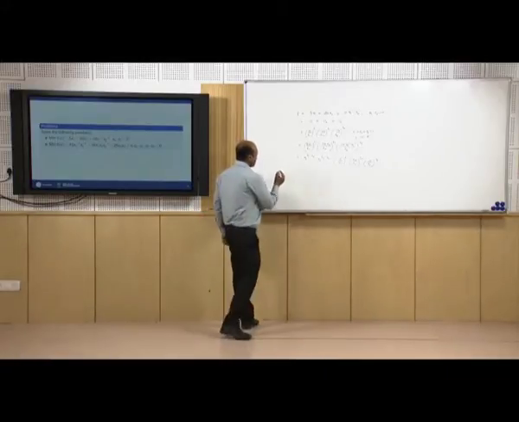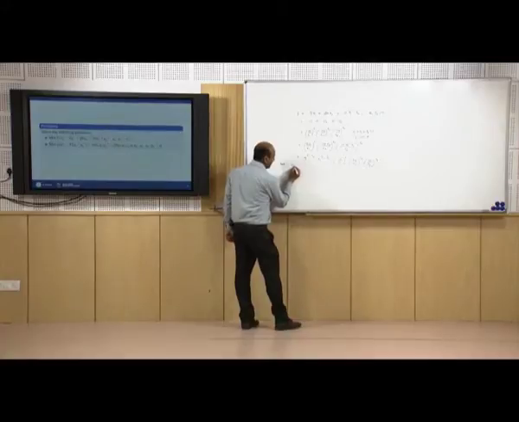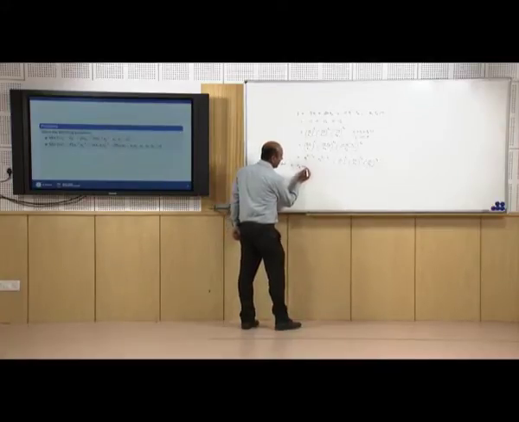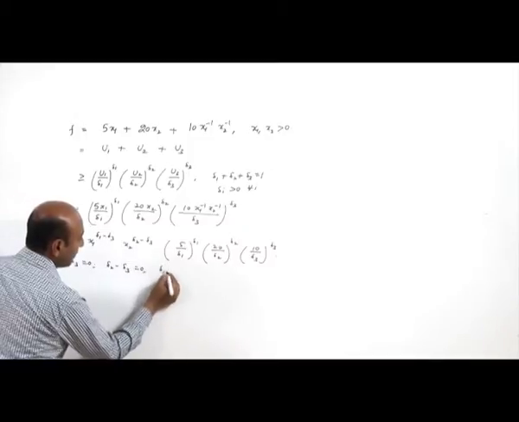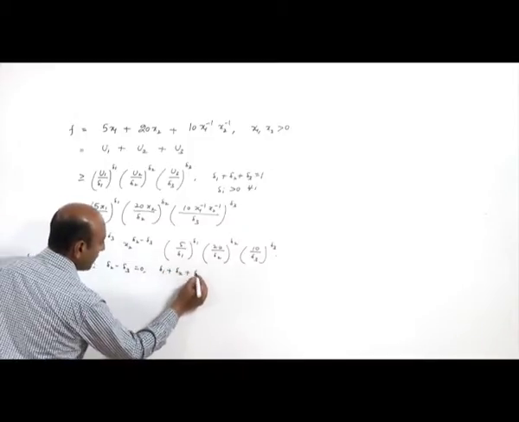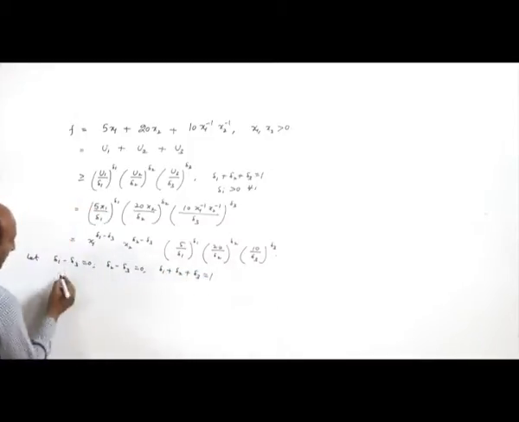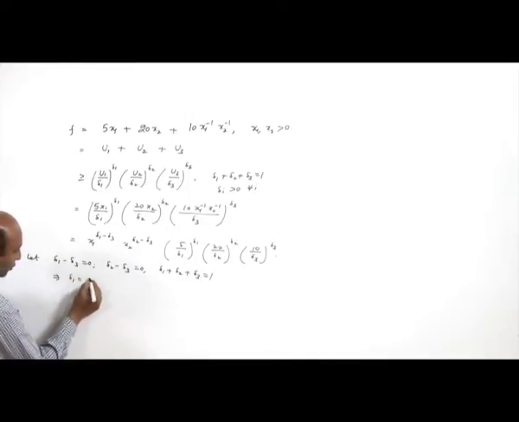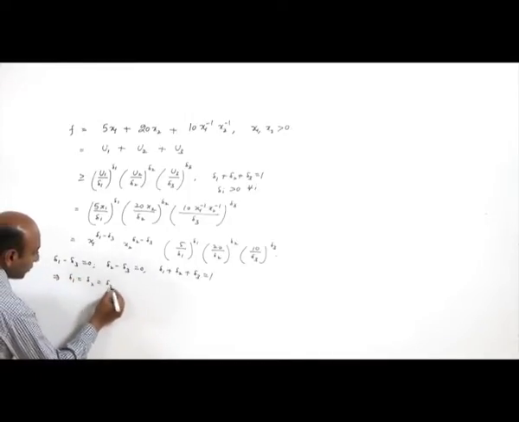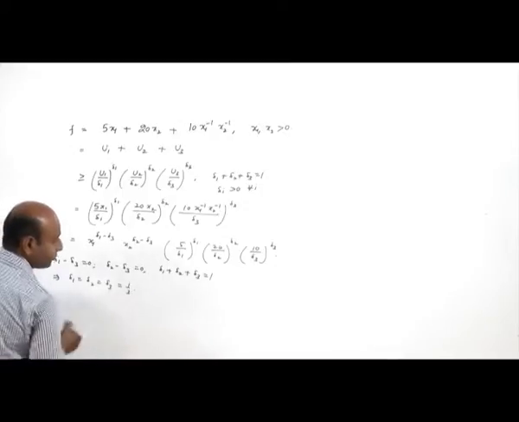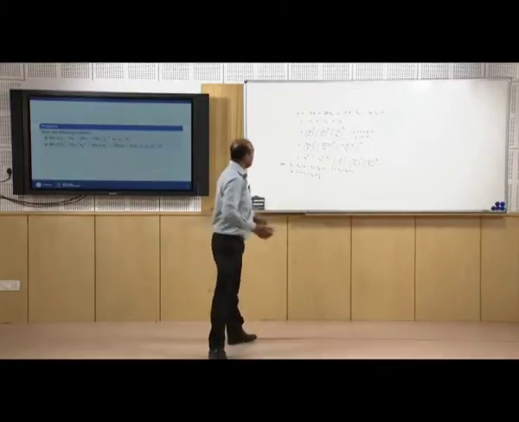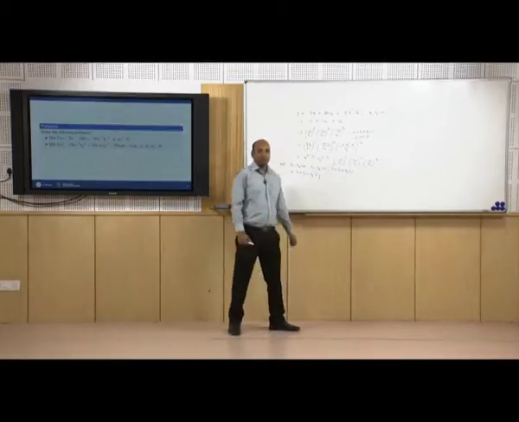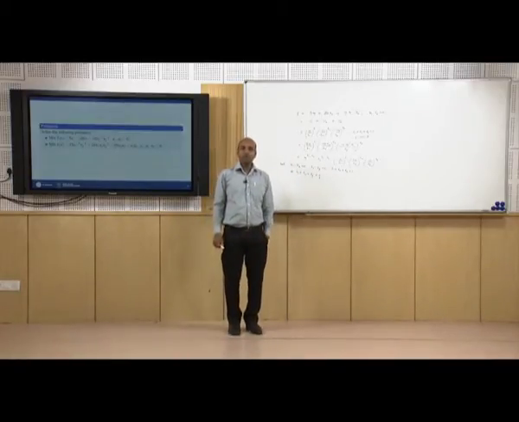So, we suppose delta 1 minus delta 3 equal to 0 and delta 2 minus delta 3 equal to 0, and also the sum of the deltas is 1. From here we obtain delta 1 equal to delta 2 equal to delta 3 equal to 1 by 3. We have a unique solution because we have 3 equations with 3 unknowns.